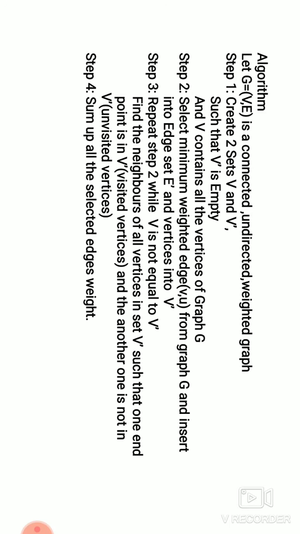Now let us see the algorithm of Prim's. Algorithm Prim's, which has input G. Prim's algorithm for constructing minimum spanning tree, that is MST.